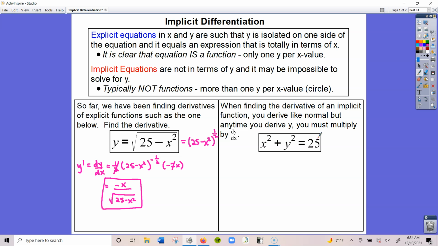Now over here, this is an implicit function, because if I were to try to solve for y, I would have to subtract the x squared, and we get y squared is equal to 25 minus x squared, and then take the square root. Now whenever we take the square root, we always have to make sure that our answer is plus or minus, which means that y has two equations.